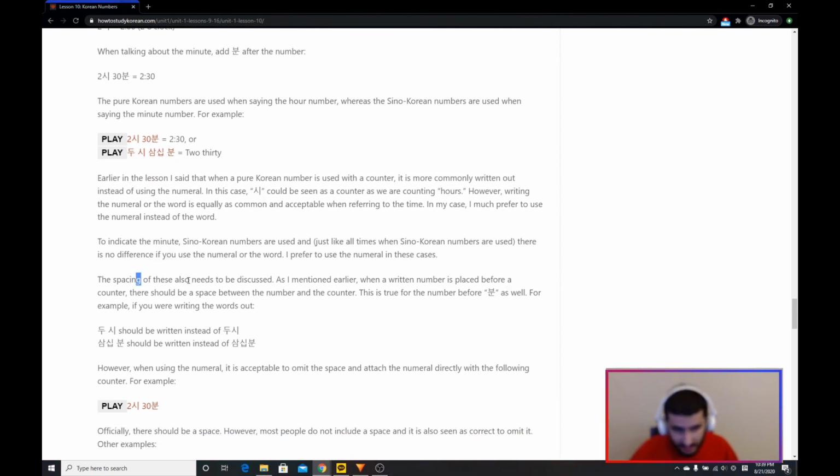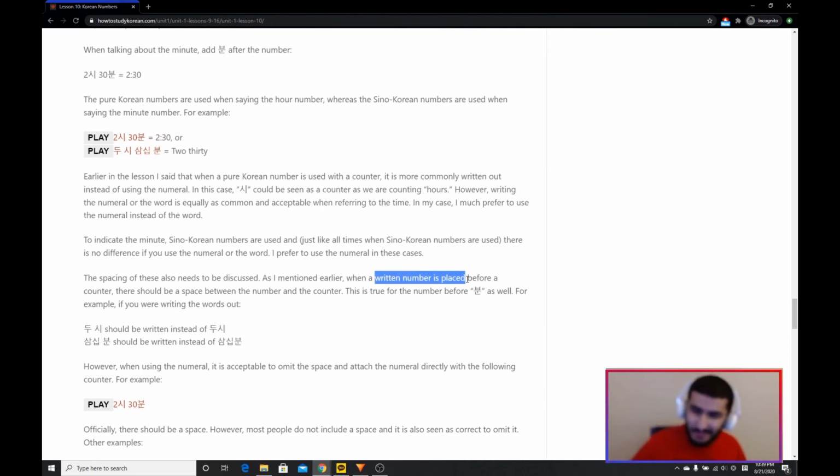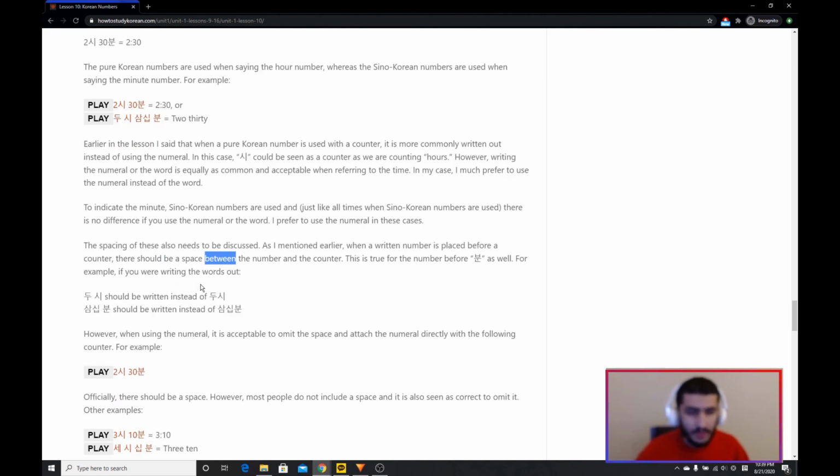The spacing of these also needs to be discussed. As I mentioned earlier, when a written number is placed before a counter, there should be a space between the number and the counter. This is true for the number before 분 as well. So 30분 should have a space, 2시 should have a space.